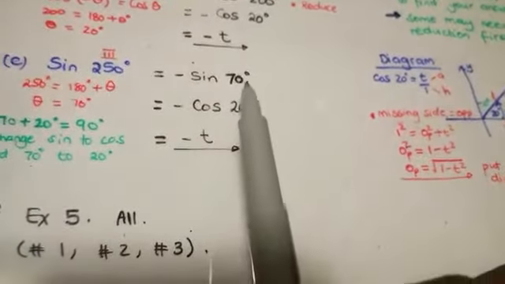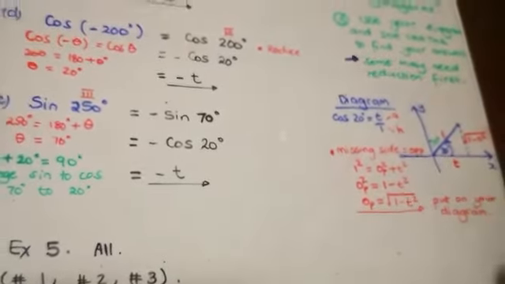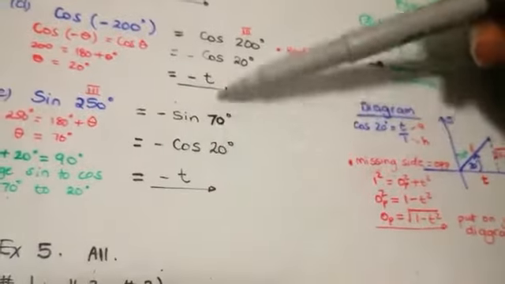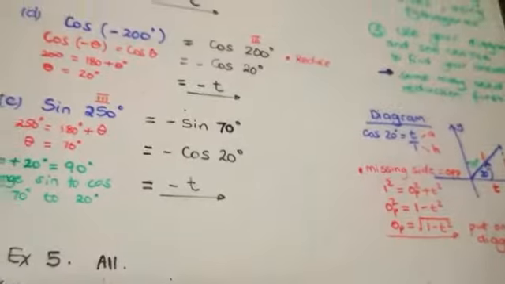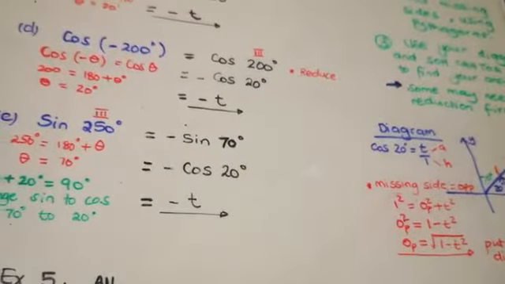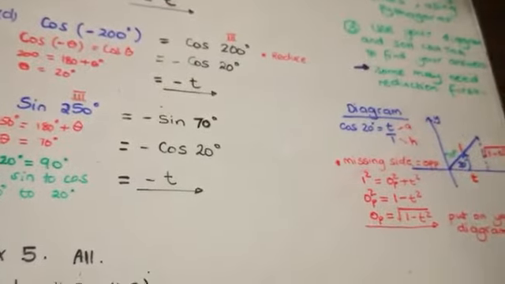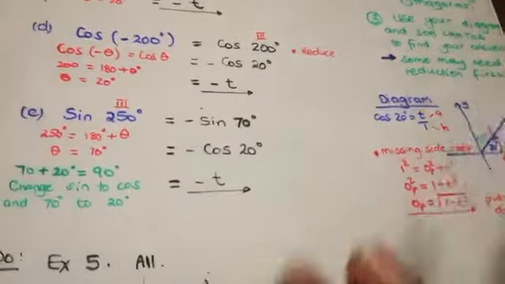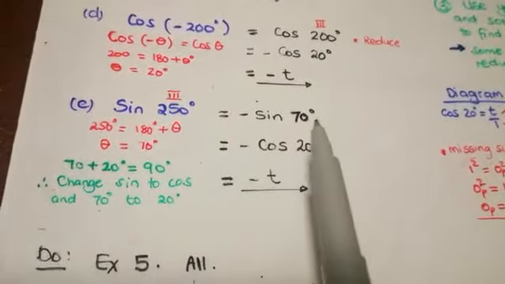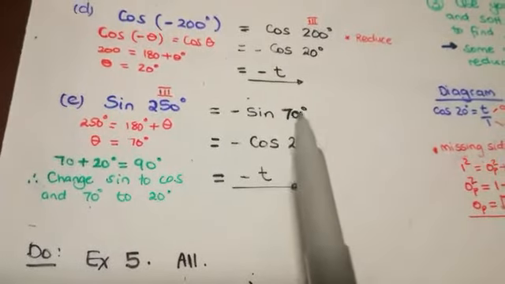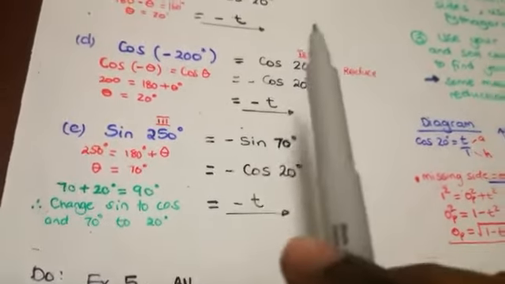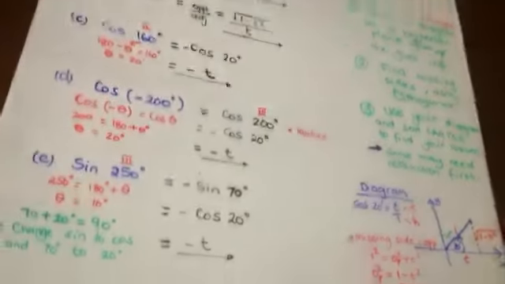So that is what we used on the previous exercises whenever we had the two angles adding up to 90. So you change the one and write it in terms of the other one. Okay, so just be careful with these ones. They can be a bit confusing. So just remember, check this 70 and the 20 that is given. So 70 and 20, the one that was given, they add up to what?